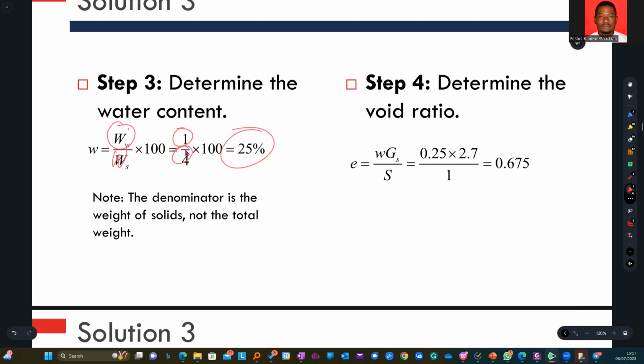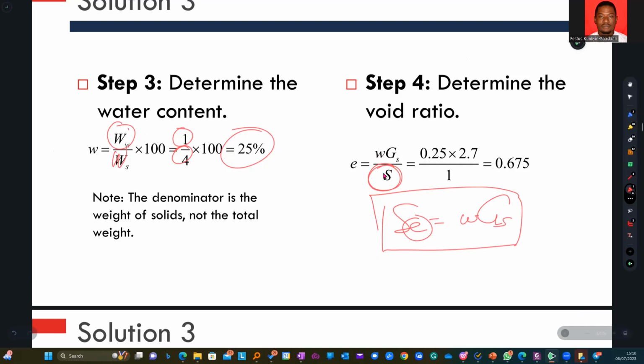Then determine the void ratio. Again, we go for our beautiful formula, which looks like this, and make e the subject of that expression. In that expression, they said our sample was saturated. I kept emphasizing that, saturated.